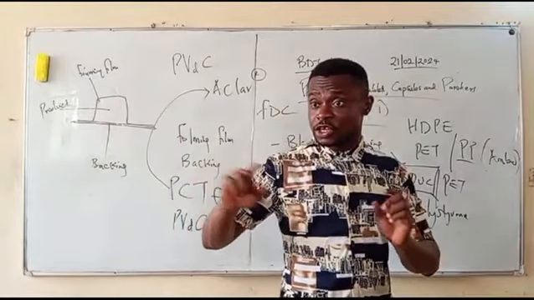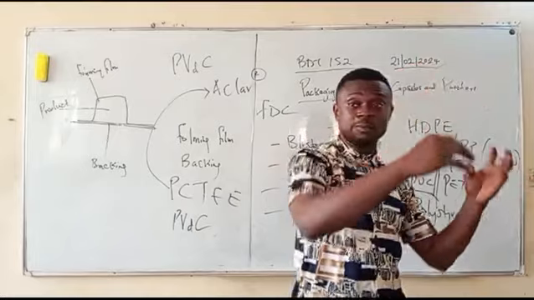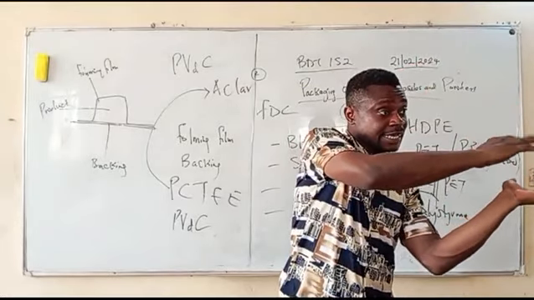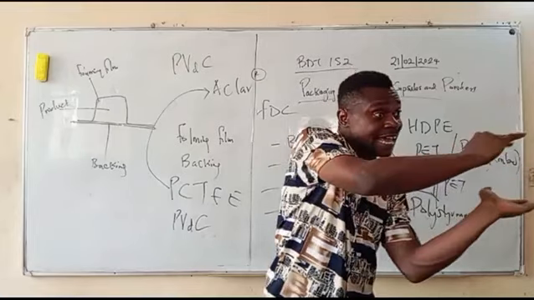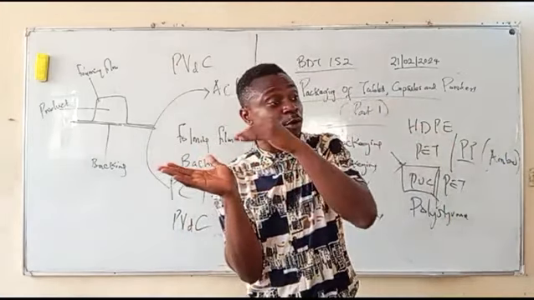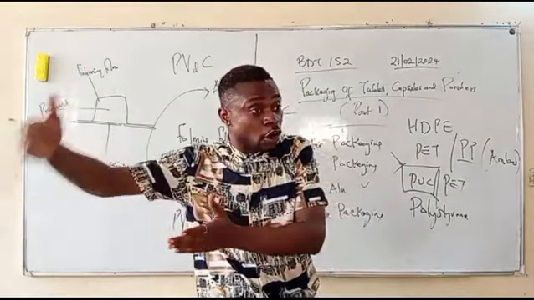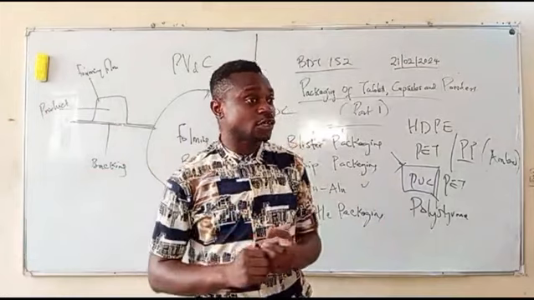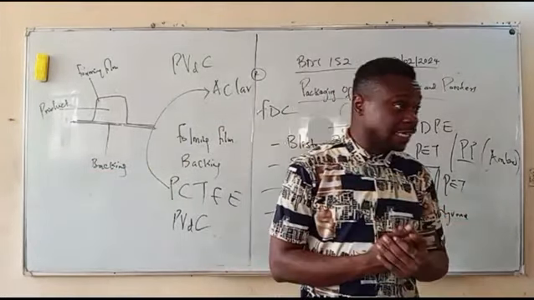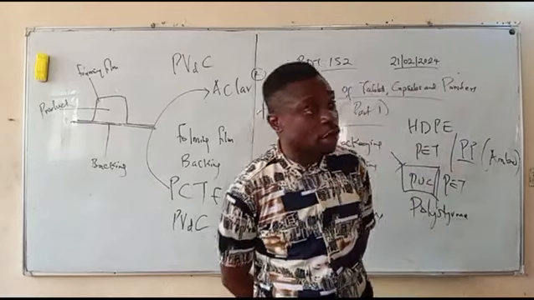So what materials do we have for this? Lamination for moisture-sensitive products. We also have paper. Polystyrene is also used. You can use foil, paper, polyethylene, not polystyrene, polyethylene. You can also use silver.